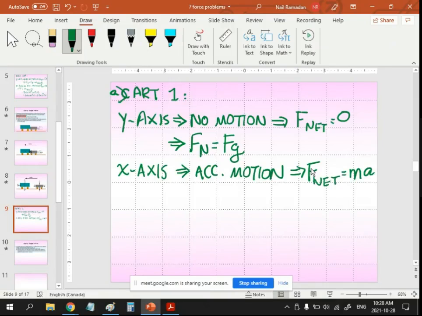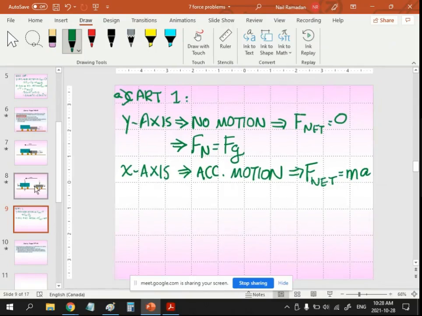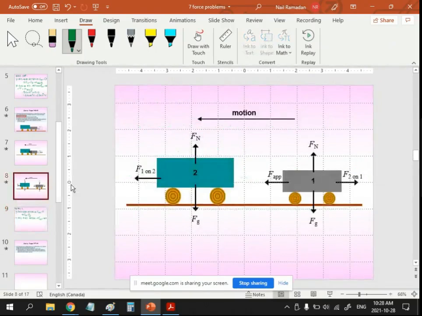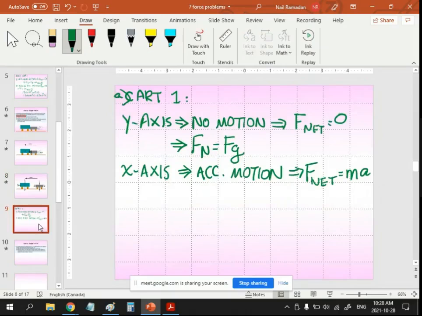Okay, I want you to look at the cart 1 FBD, which is right here, and tell me what horizontal forces exist on it. What horizontal forces exist on cart 1? F applied and F2 on 1.